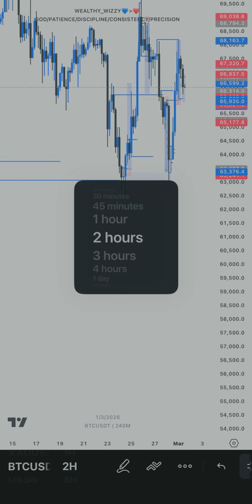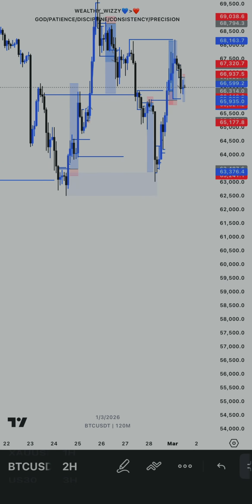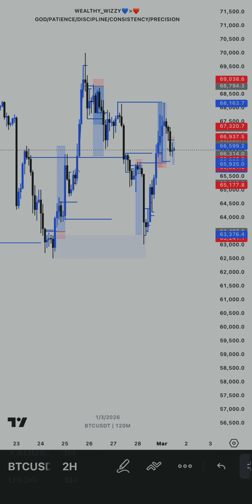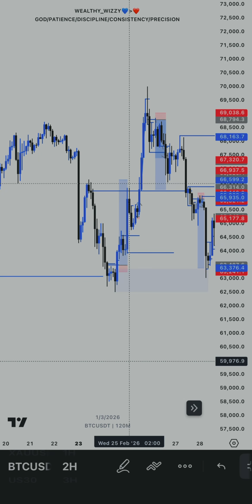Let me go to the 12 hours time frame so I can see it better. So BTC was selling.